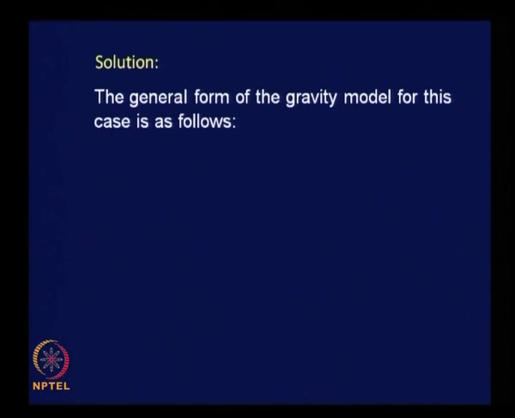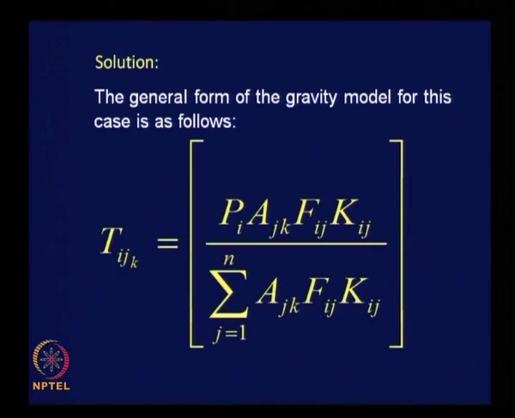The general form of the gravity model for this case can be written as follows. I have not given the superscript m because mode is already given to us. I have also removed the subscript p at the bottom of the bracket because the purpose is also given to us.